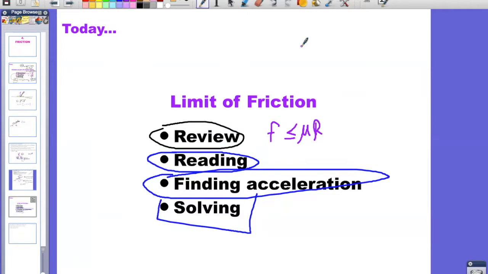And we were told that frictional force is less than mu R if the object is at rest and not in limiting equilibrium.